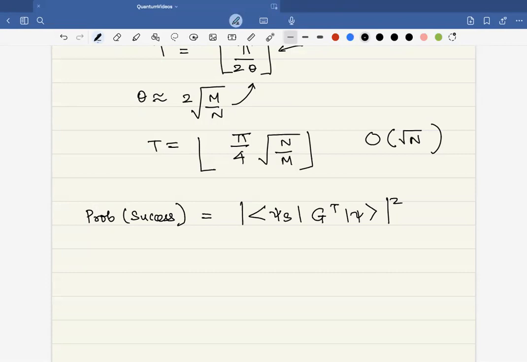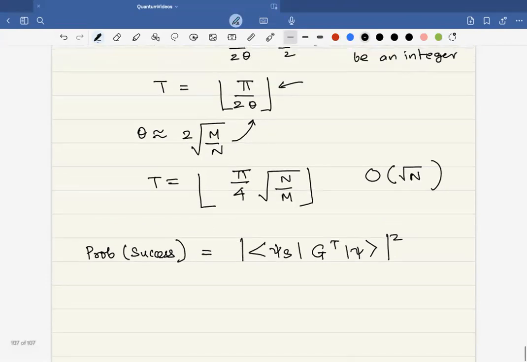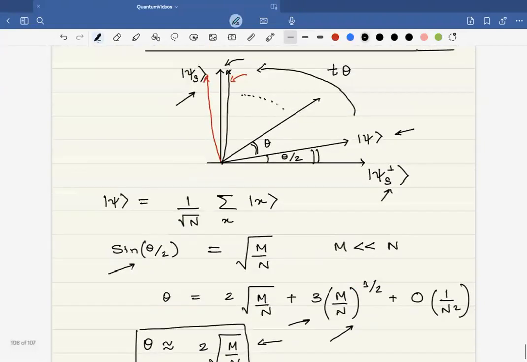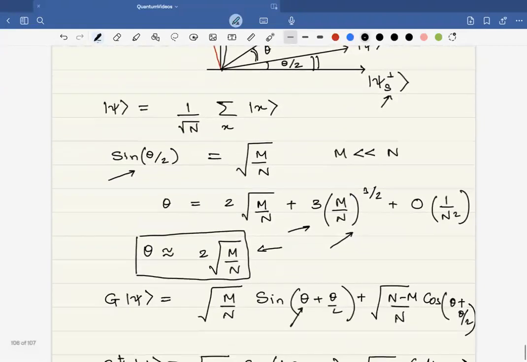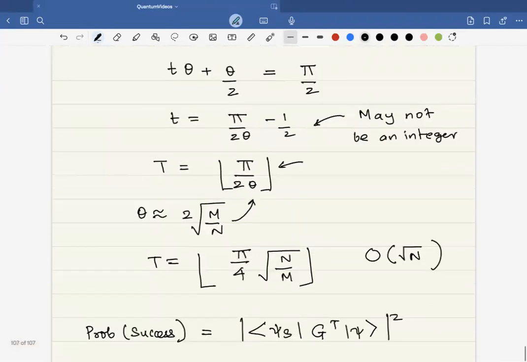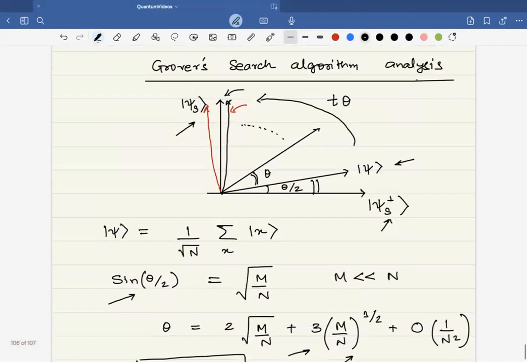Now it turns out that we can use a little bit of nice mathematics to show that the maximum angle, so the difference between the ideal solution space and the final vector that we have rotated to, can be no more than theta over 2. This can be shown.